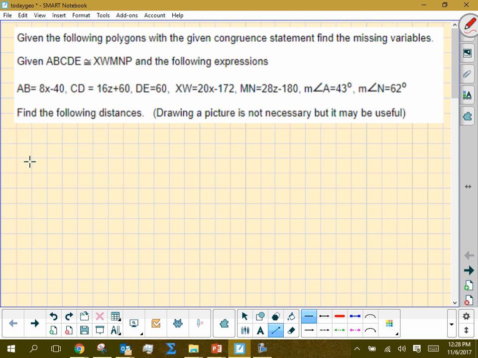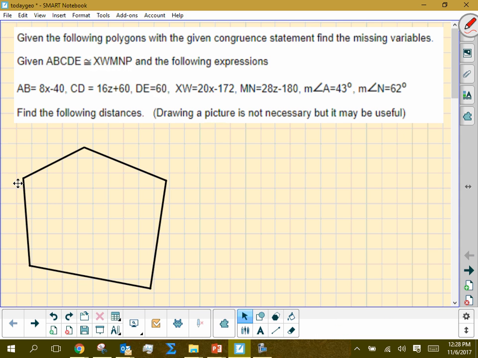But if we've got 5 letters, that means we have 5 vertices. So I'm just going to draw a generic shape. Maybe that's my polygon. Now you could have drawn something completely different and still come up with the same conclusions that I'm going to come up with.